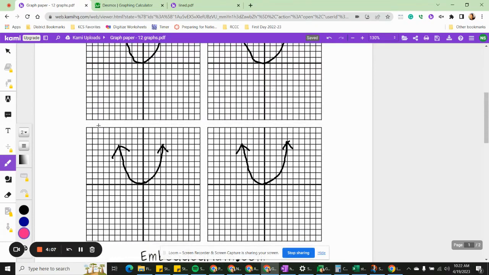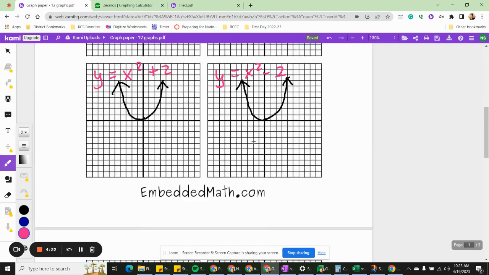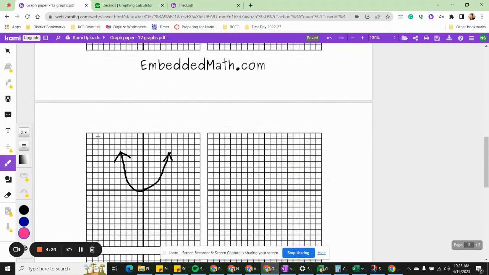We're going to graph y equals, no parentheses, x squared plus 2, and y equals x squared minus 2 without parentheses. And our last graph would be y equals negative x squared. So pause your video and graph those.